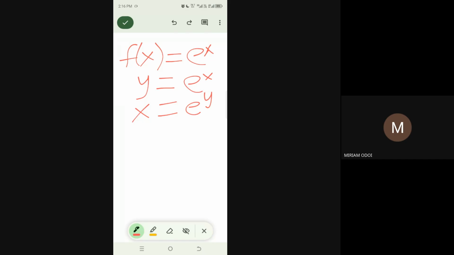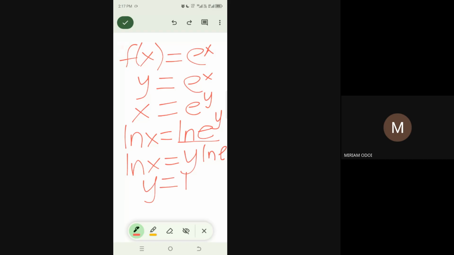Now we want to make y the subject. So what do we do? In this case, you find the ln of both sides. And then on this side, you apply indices. Indices will state that if you have the ln of an exponential, you bring the exponent down and you are left with ln e. Ln e is 1, so y will become ln x because ln e will give us 1.